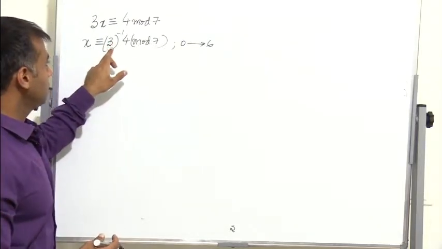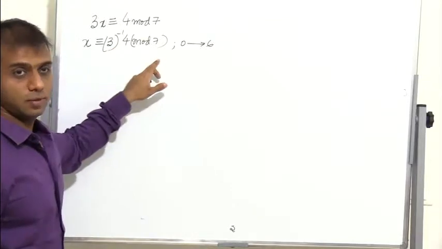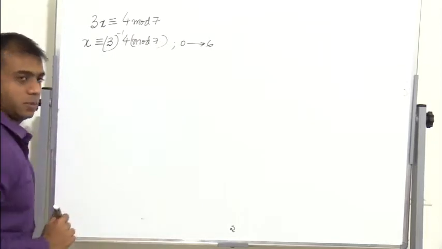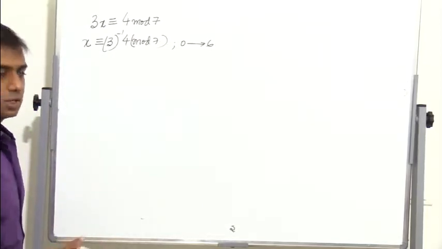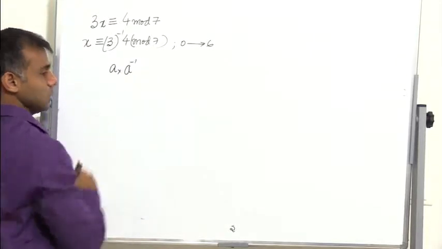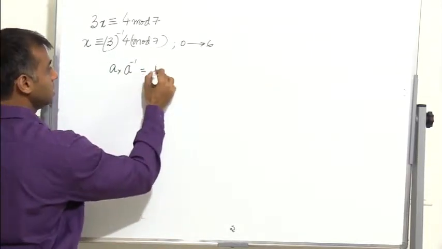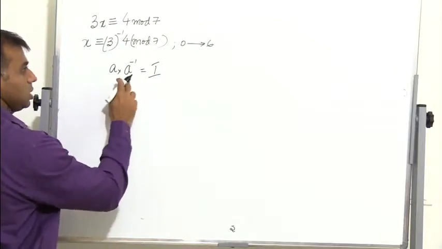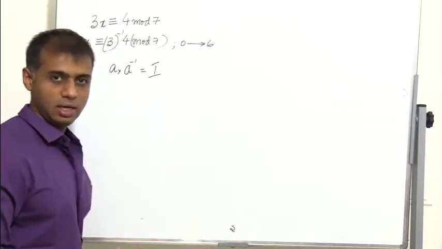So I need to find the inverse of 3 in mod 7. What is the general definition of an inverse? A number a times its inverse should give me the identity element.